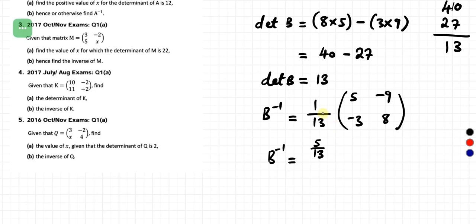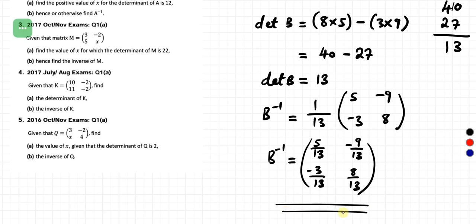Then 1 over 13 times negative 9 will be negative 9 over 13. Then 1 over 13 times negative 3 will be negative 3 over 13. Then 1 over 13 times 8 will be 8 over 13, just like that. So that will be the final answer here.